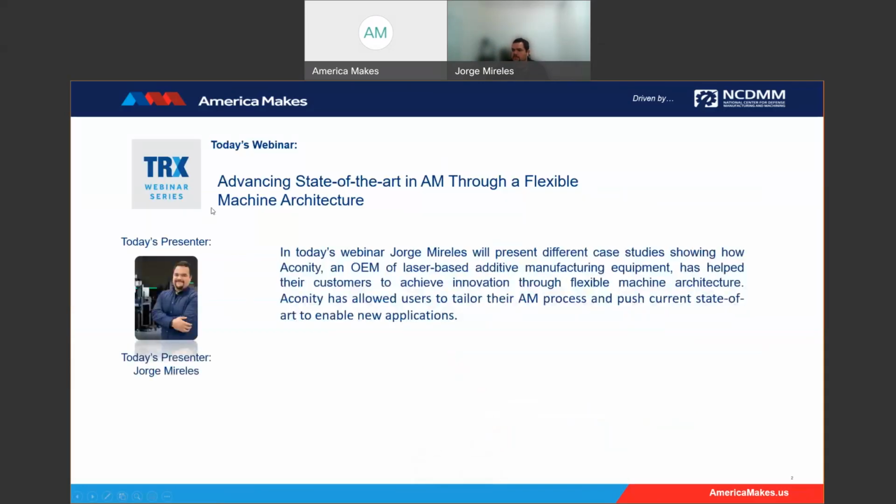Jorge Morales earned both his bachelor's degree in mechanical engineering in 2011 and his master's degree in metallurgical and materials engineering in 2013 from the University of Texas at El Paso. He joined the WM Keck Center for 3D Innovation in 2006 and started performing research related to additive manufacturing using vat photopolymerization and material extrusion.